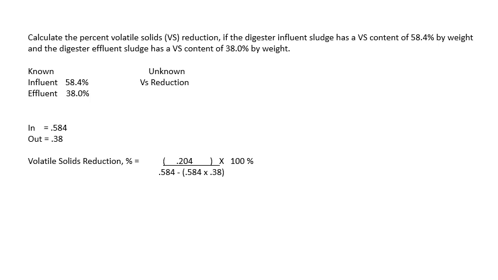So we'll go ahead and solve for the bracket on the bottom. That is 0.22192. So now you're going to subtract that from 0.584. So 0.584 minus 0.22192, you get 0.36208. So now we're going to do our division.